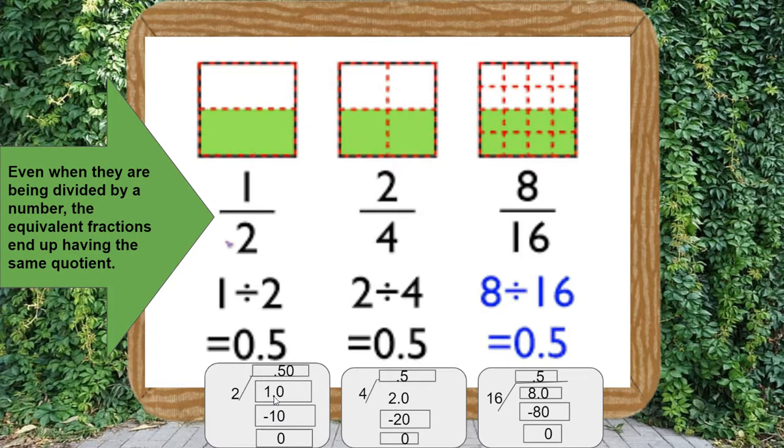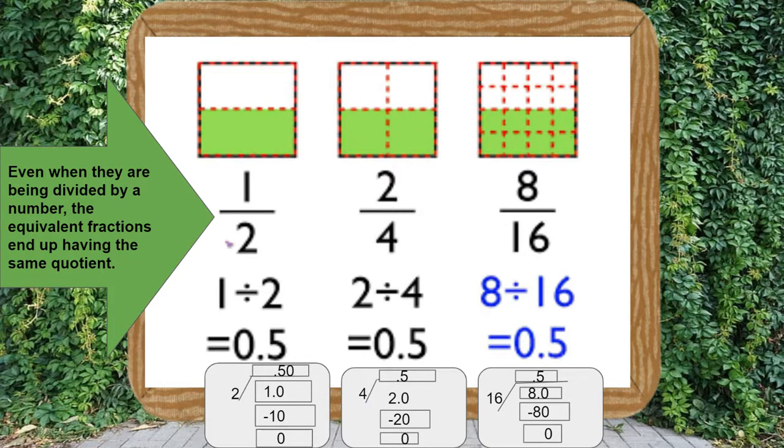Whenever we add a decimal in here, we must add it in our quotient section as well. So 2 goes into 10 5 times. 2 times 5 is 10. 10 minus 10 is 0. This is our dividend, divisor, quotient.